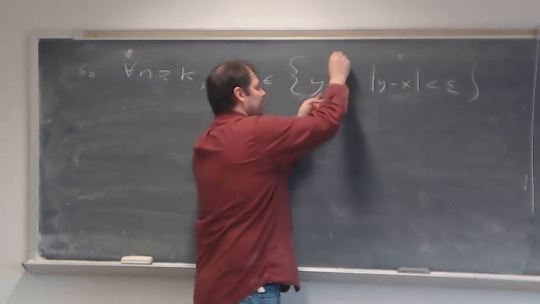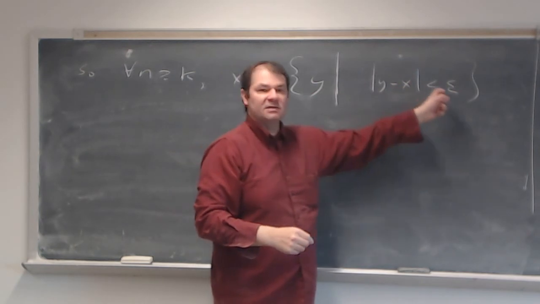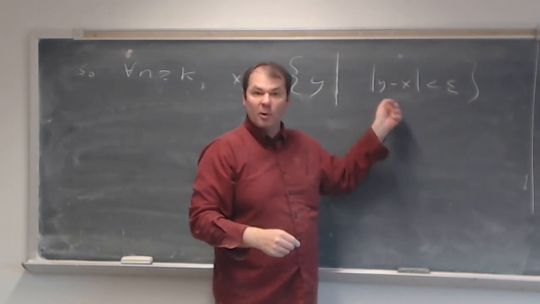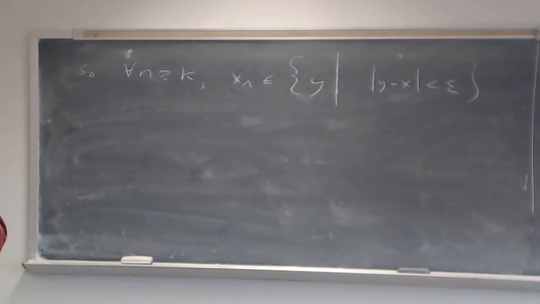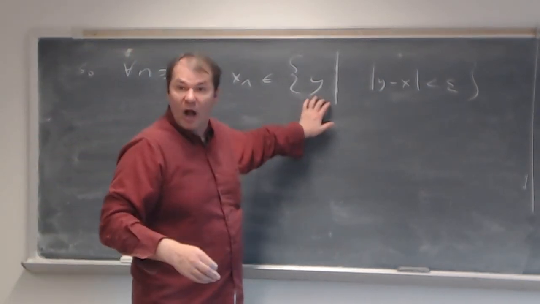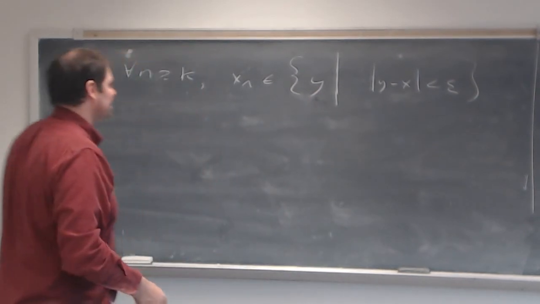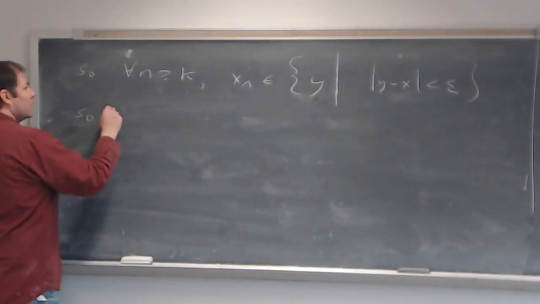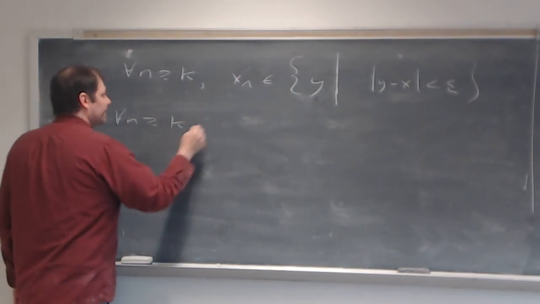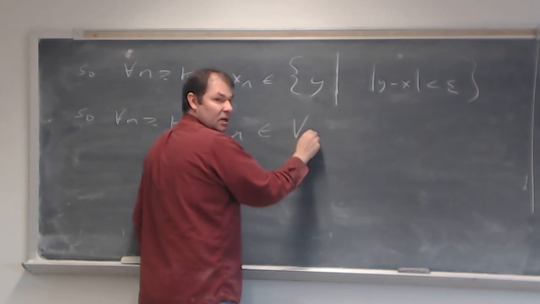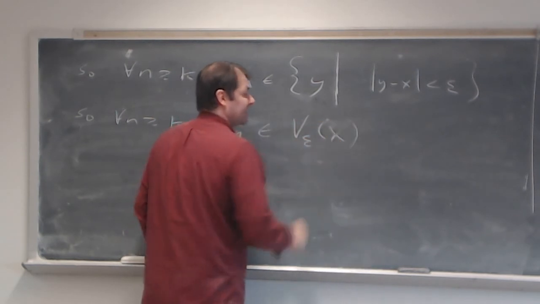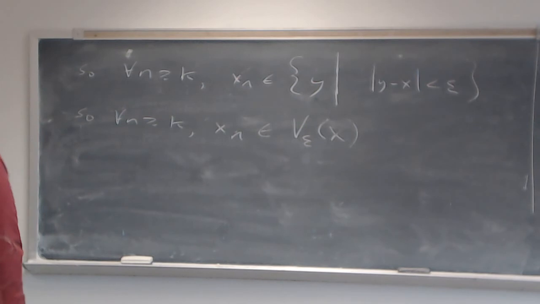This set is the set of all numbers whose distance from x is less than epsilon. But what did we say about all the x of n's where n's bigger than or equal to k? Their distance from x is less than epsilon. So x sub n's are like one of these y's, because their distance from x is less than epsilon. So for all n bigger than or equal to k, x sub n is in this set, which is the set V sub epsilon of x. It's that neighborhood. And that's what we're wanting to show.